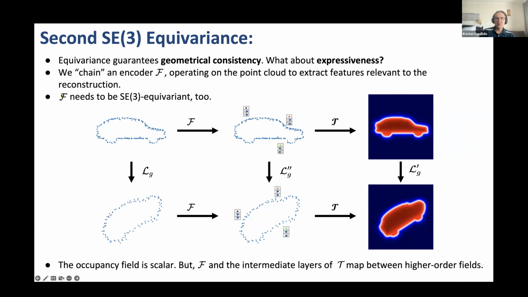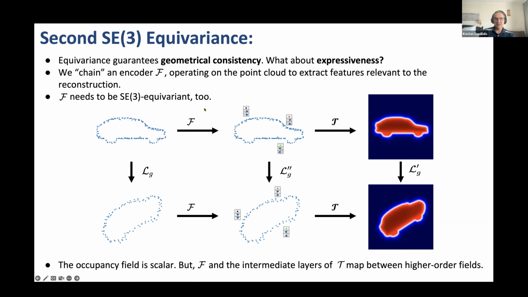And we want also to be able to generalize across objects, even novel objects. So we want to build priors from the objects. So we use an encoder F, which also satisfies this commutation, that it commutes with the three-dimensional rigid transformation.